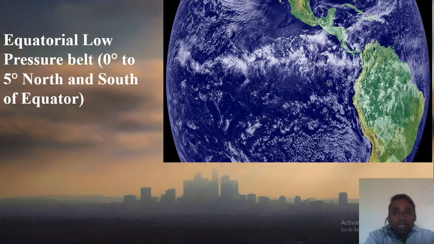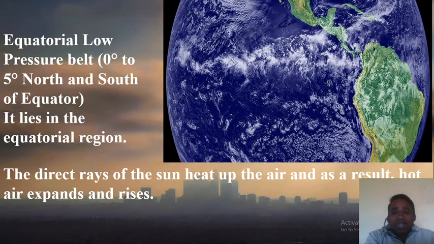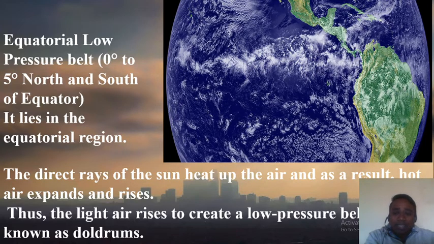First belt is the equatorial pressure belt, which lies from 0 degree to 5 degree north and south of the equator. Now this is the equatorial region where direct sun rays fall on the equator, which heat up the air, and as a result hot air expands and rises.